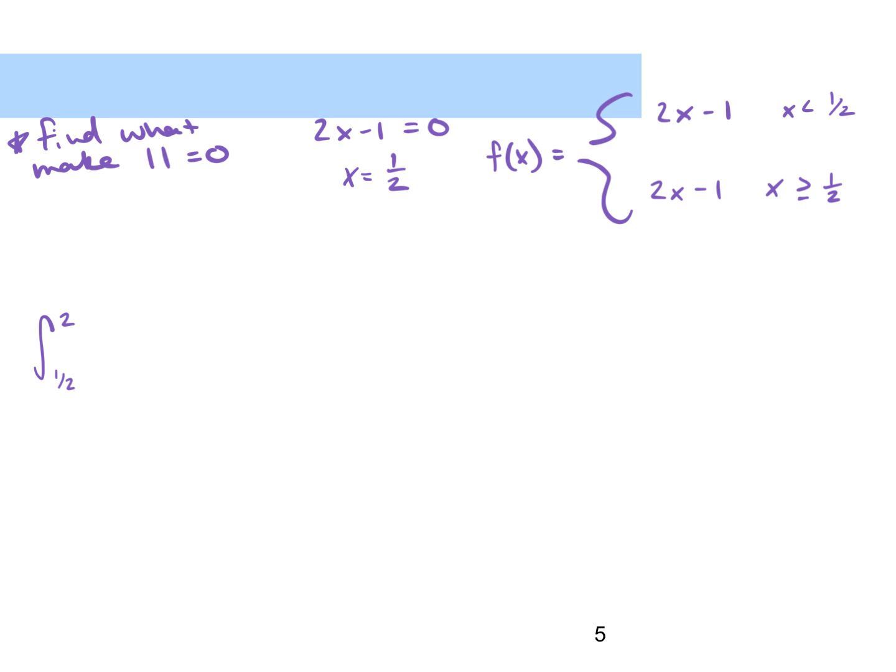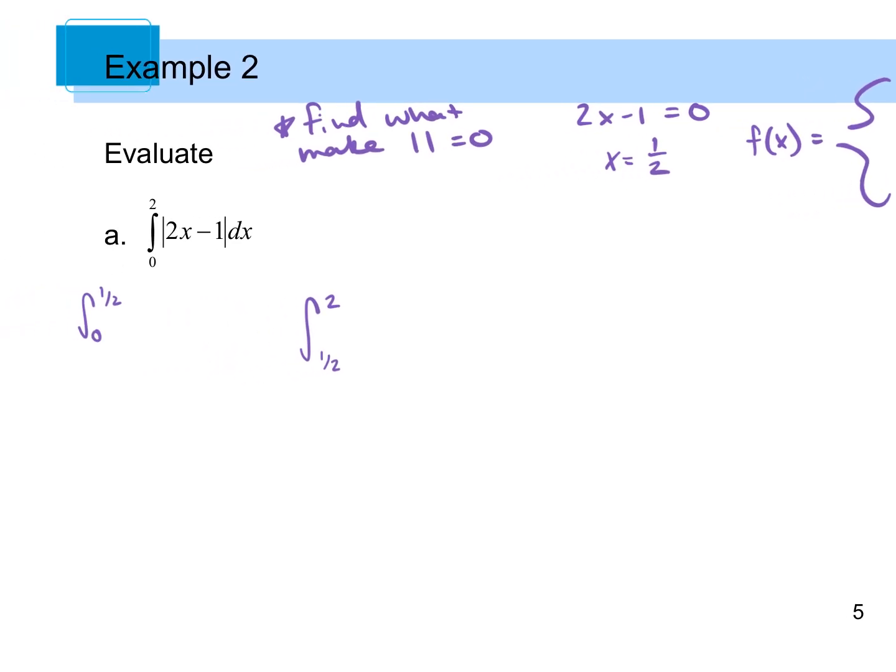Let's say I plugged in 0 here into my function. 2x minus 1, or 0 minus 1, would make this -1, but what do the absolute values do to it? It makes it positive. So it changes the sign.